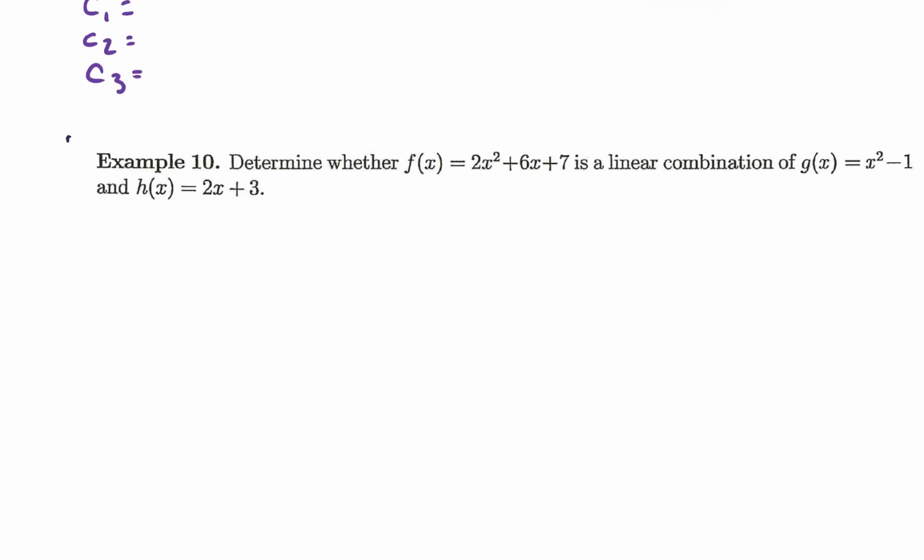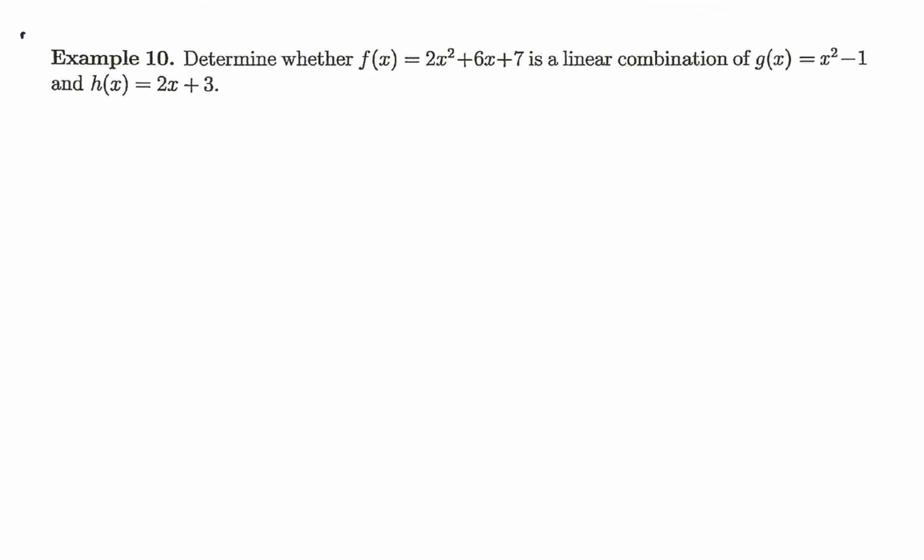Lastly, let's take a look at an example related to functions, and recall these are vectors in the space of real-valued functions. So this question is saying, can we write f of x as some linear combination, we'll call it alpha times g of x plus beta times h of x?